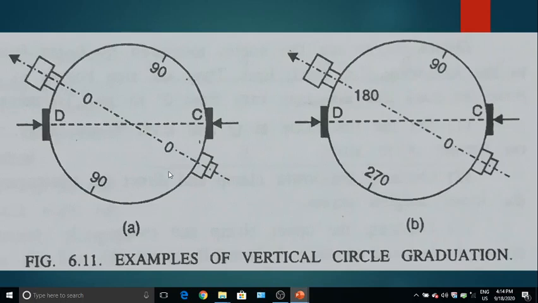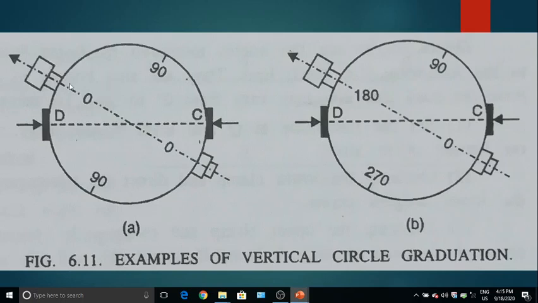As vernier A, B correspond to the horizontal circle, the next ones, verniers C and D, are on the vertical circle. So when you compare with the horizontal measurements, verniers C, D are quite different. Unlike horizontal verniers A and B, vernier C and D are firmly or rigidly fixed to the frame. They will not be rotating.